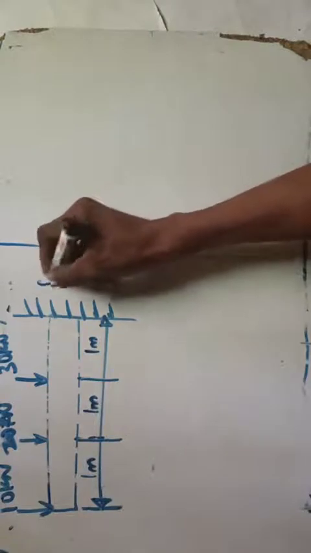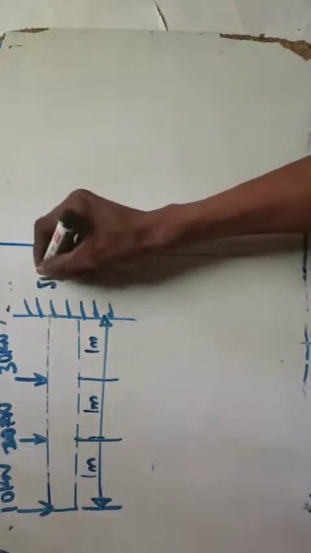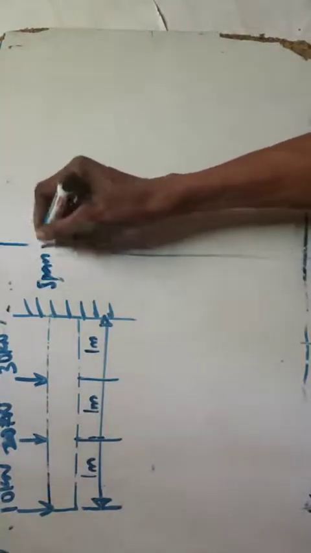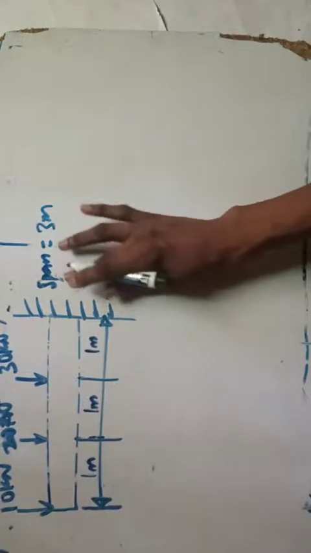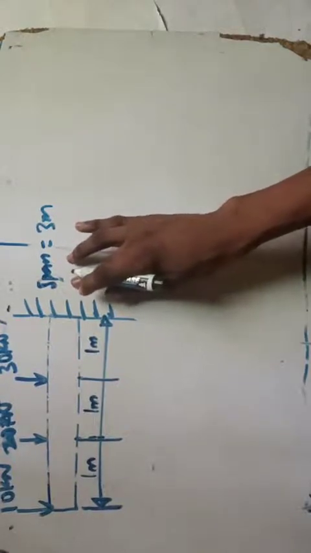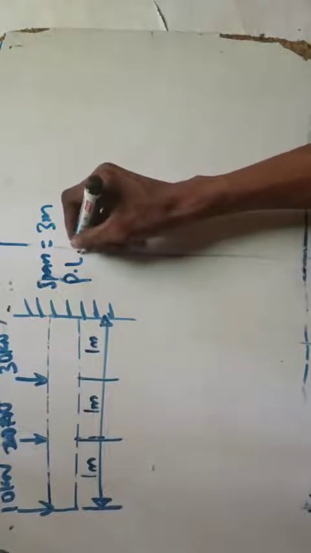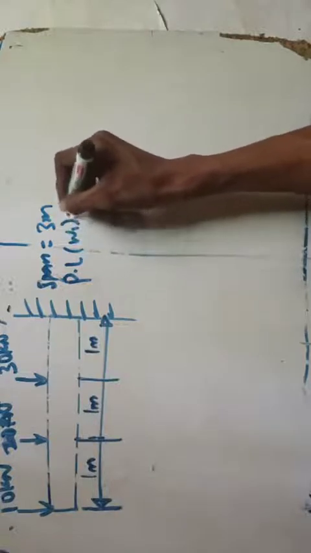So what do you do first? You draw the span. Span is what? 3 meter. You have your point loads, everything is at point load. So you have your load 1. You just write the particular point you have. So your point load W1 is what? 10 kilonewton.